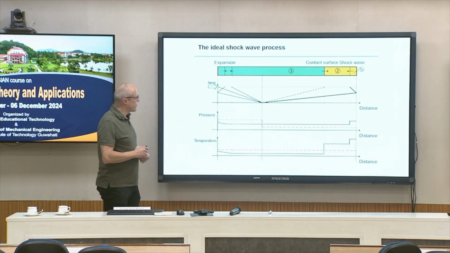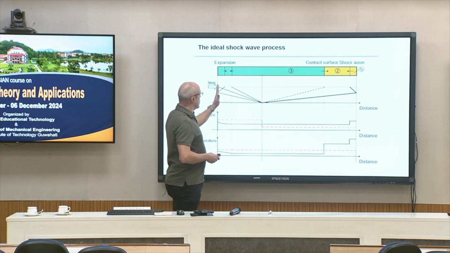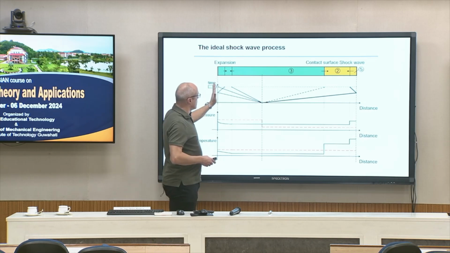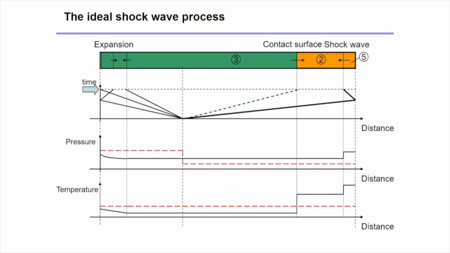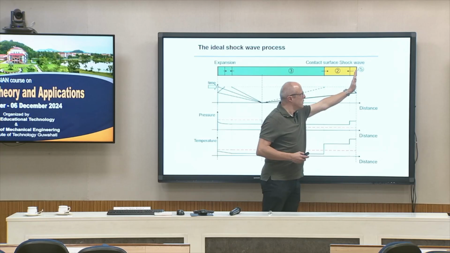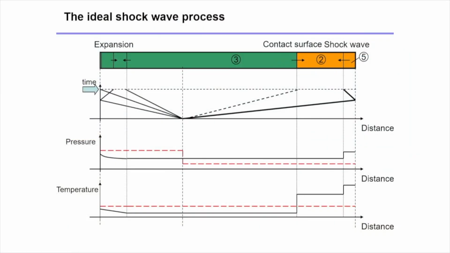Then at the end, this is what we are mainly interested in. So when we hit the end wall here, the region 4 is gone. But of more interest is that we have the hit of the end wall with our shock wave, and the reflected wave is going back.